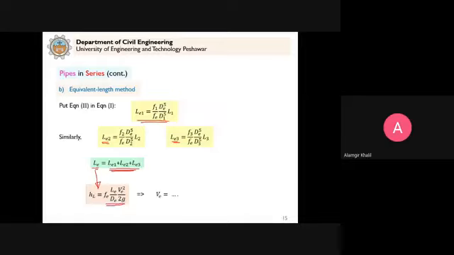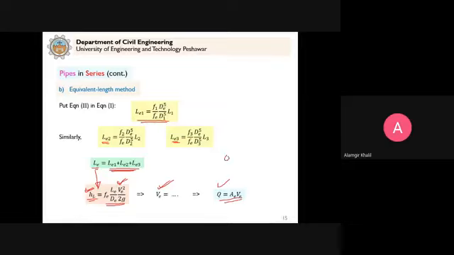Clear? And from here we can calculate VE, because head loss is given. The head loss in this case is given to us. This is what we have in case 2, that head loss is given and we want to calculate the discharge. So from here VE we can calculate, and then Q is equal to AE into VE, and this is how we come up with this discharge.